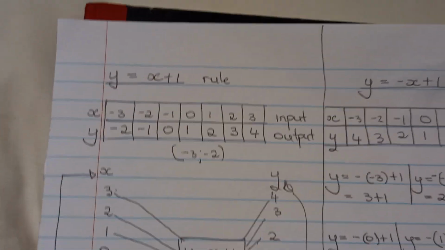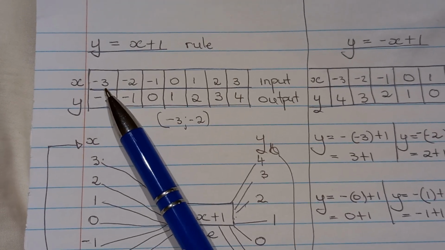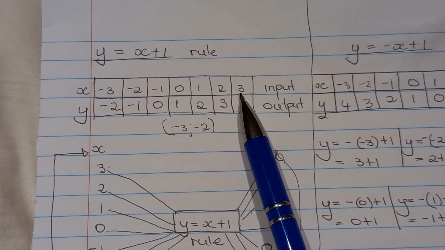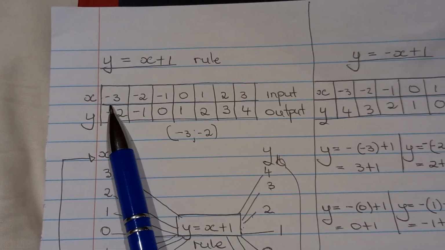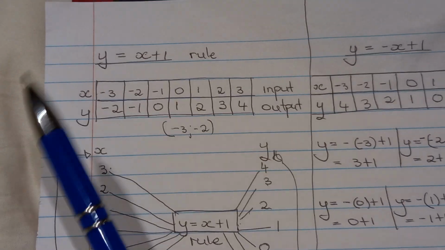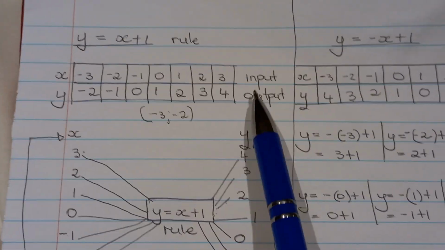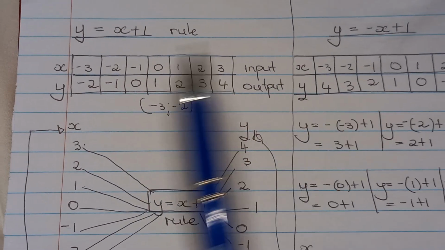It doesn't mean just because wena ustope ku -3 naku 3 this side awaqhubeki ama number. This thing can go on and on. You can have -4, negative up to infinity, and nama number ngapha asaqhubeka up to infinity.